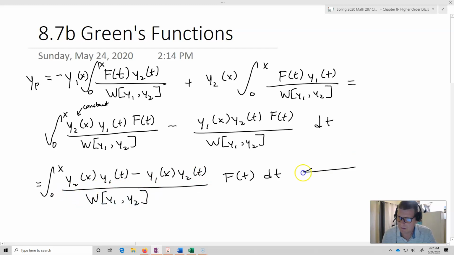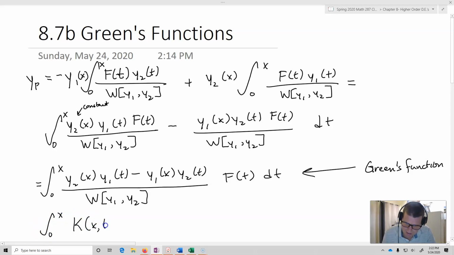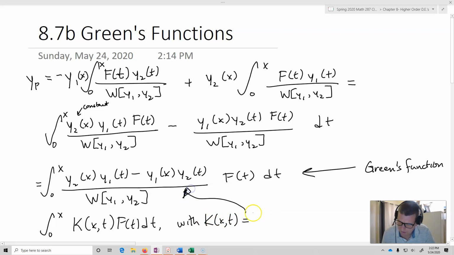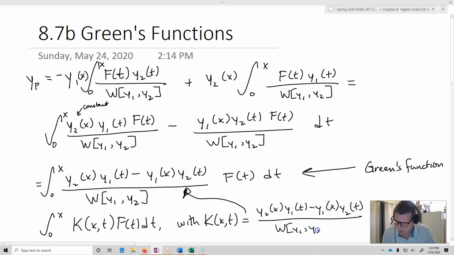Ta-da! Done. We found it. That's it. We're going to rewrite this as the integral from 0 to x of K_x(t) f of t dt, with K_x(t) equaling this guy right here: y2 of x, y1 of t, minus y1 of x, y2 of t, divided by the Wronskian of y1, y2.